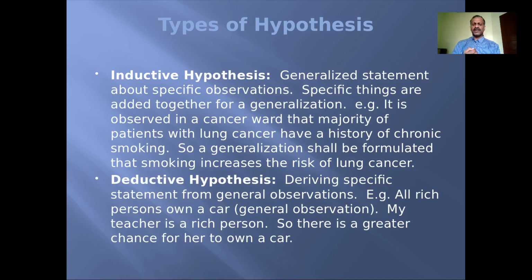And then we are making a specific statement that my teacher is a rich person, so there is a greater chance for him to own a car. We do not know whether he has a car or not, but we are making a specific statement from a general observation. So this is deduction, from general to specific. Whereas in induction, there are so many specific observations and we make a generalization.